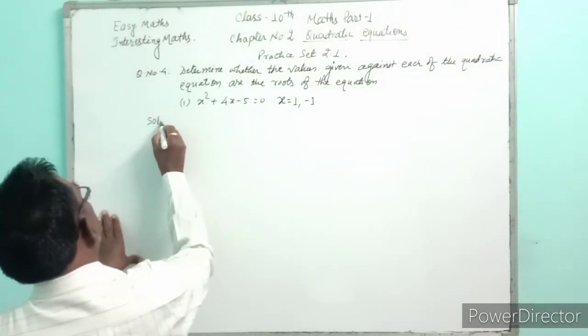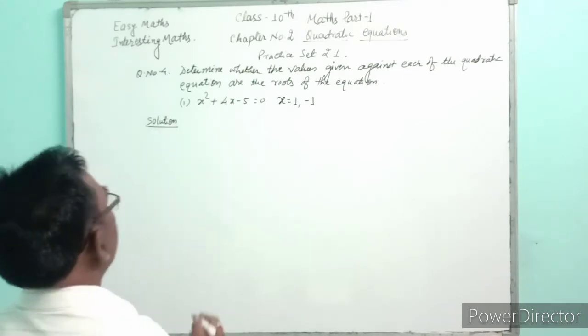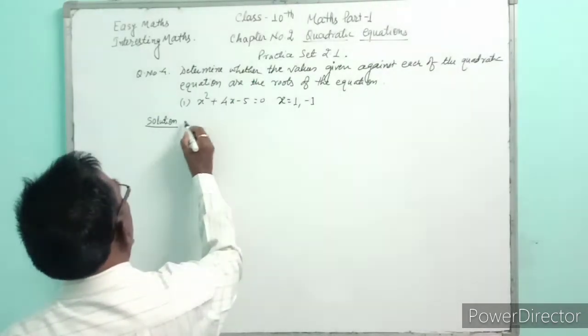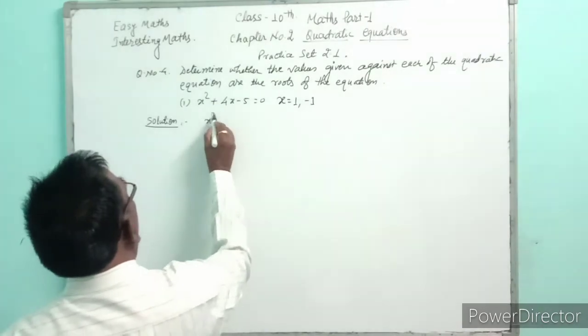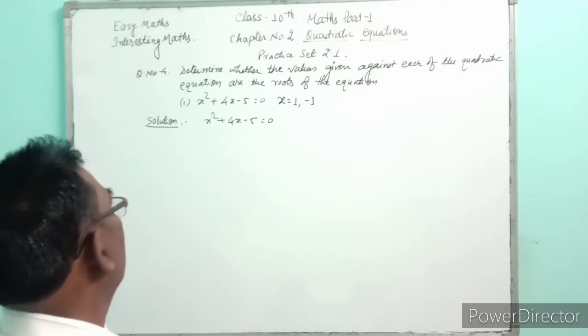Now, let us see problem number 1 of question number 4. Here, the solution: x square plus 4x minus 5 is equal to 0. This is the given equation.